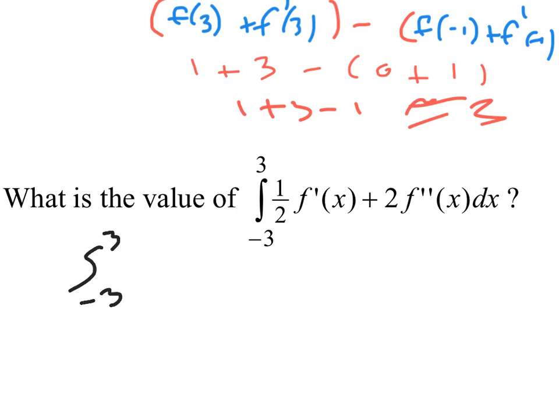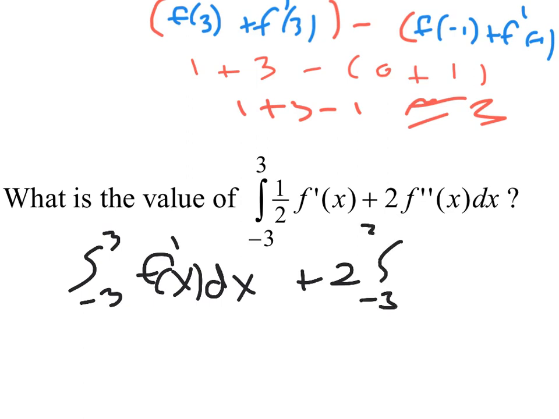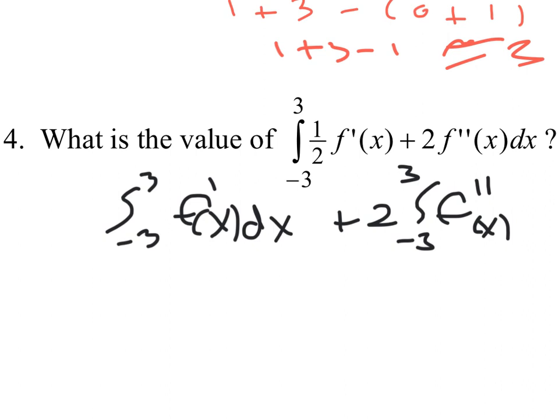Integral from negative 3 to 3 of f prime of x dx plus 2 times the integral from negative 3 to 3 of f double prime of x. I'm killing 2 birds with 1 stone. You can break that apart into smaller integrals. But don't forget, you still have to do all the work.